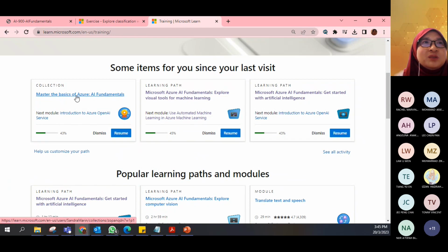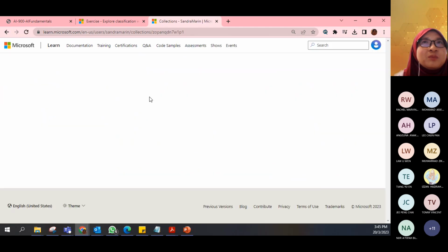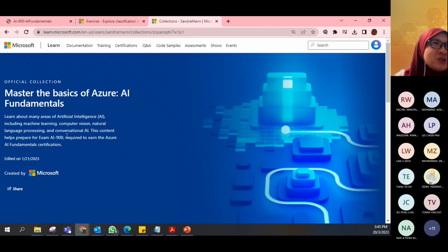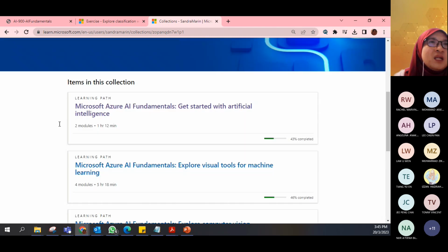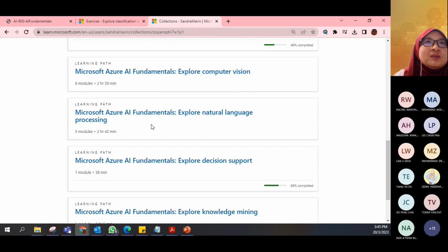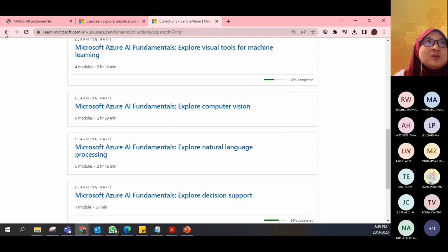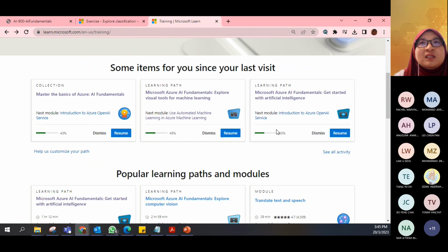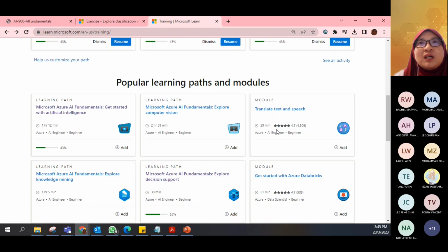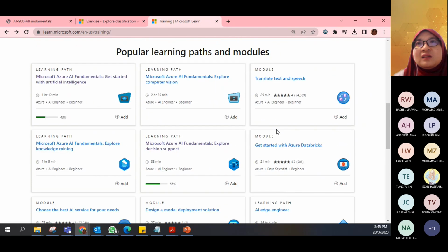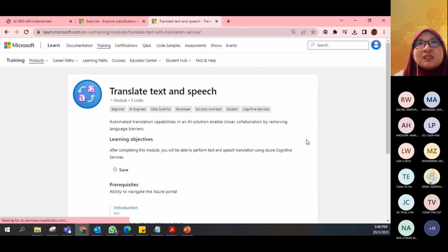In case you suddenly want to master the basics of Azure AI Fundamentals, this helps to prepare. It's the right path for you. Don't go to AI900, that's a different one. You can have translation for text and speech.